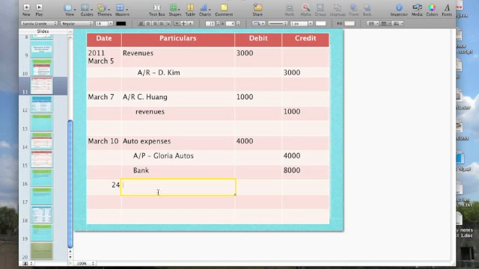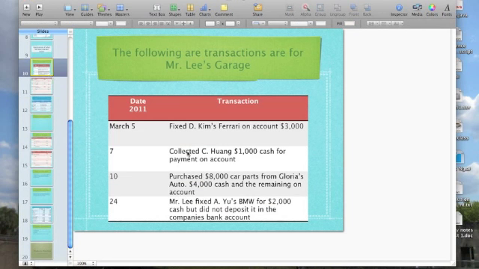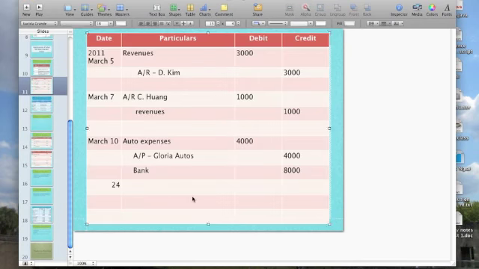So, we should go back to the transaction. It says Mr. Lee fixed AU's BMW for $2,000 cash, but did not deposit it in the company's bank account. Therefore, this is accounted as a drawing.